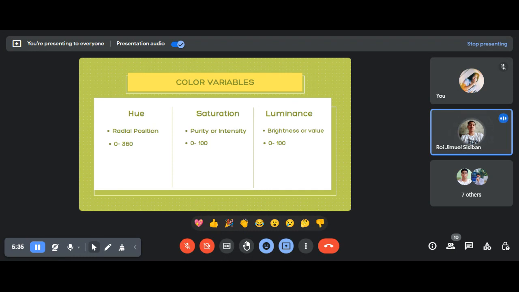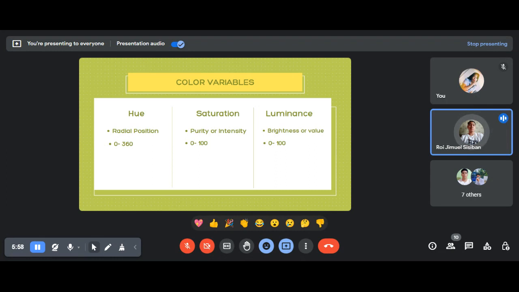So, what is hue? Hue refers to the radial position on the RGB color wheel. It determines a given color like red, yellow, blue, or purple. Hue is displayed in degrees ranging from 0 to 360 degrees.